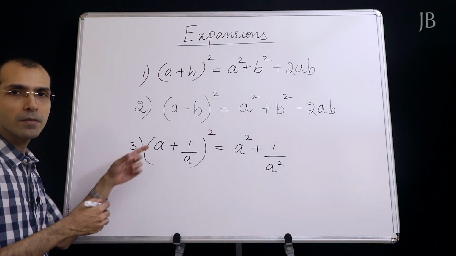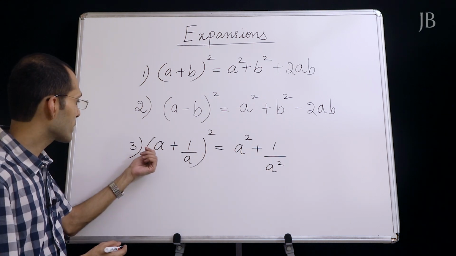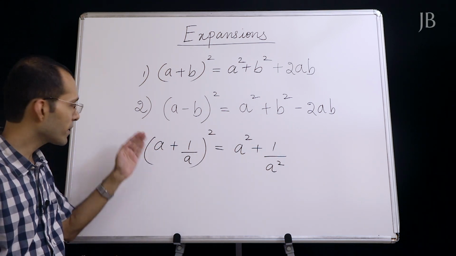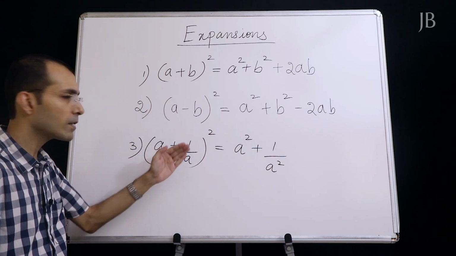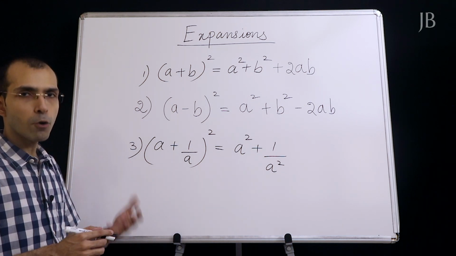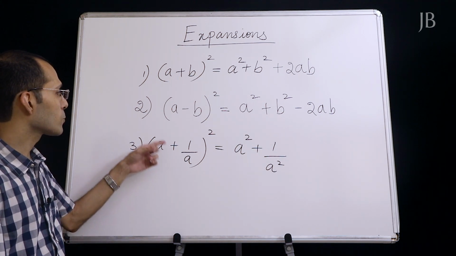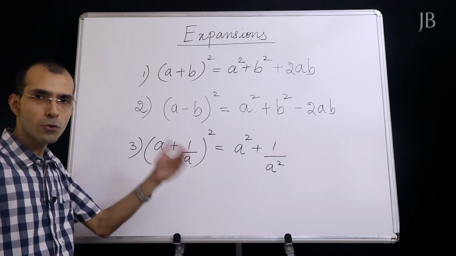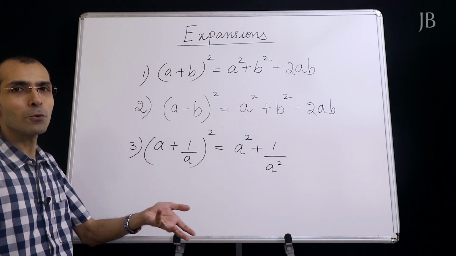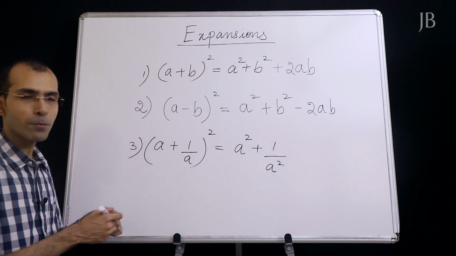Then first term into second term into 2. First term, so it is not 2ab or something, it is always first term into second term into 2. So it is a into 1/a into 2. So that will be how much? 2 only. a and 1/a will get cancelled, and positive into positive is positive.